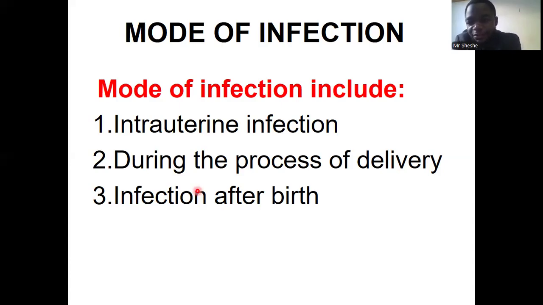You are the ones in the hospital, but previously it was mandatory that all babies born must be given prophylaxis with the tetracycline eye ointment. You can advise me, those of you working in the labor ward. That was a way of preventing eye infection so that babies do not become blind later on.